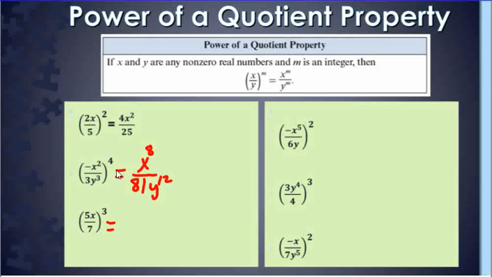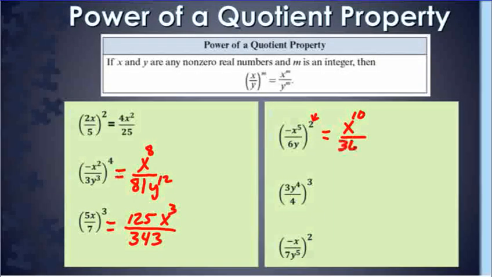Next one, 5 cubed is 125. This would be x cubed all over 7 cubed, which would be 343. And that would be our answer there. Our next one, negative x to the 5th squared. Since I have an even number exponent on the outside here, this would be a positive x to the 10th over 6 squared is 36, y squared.